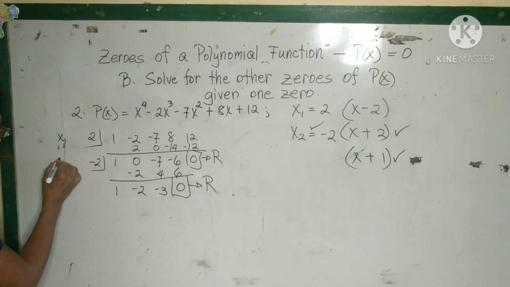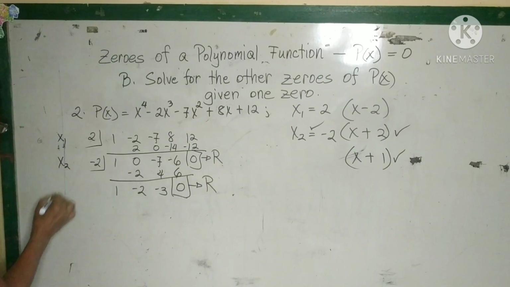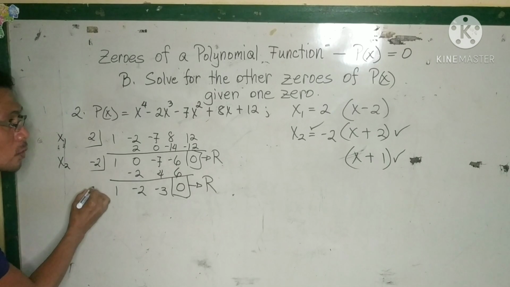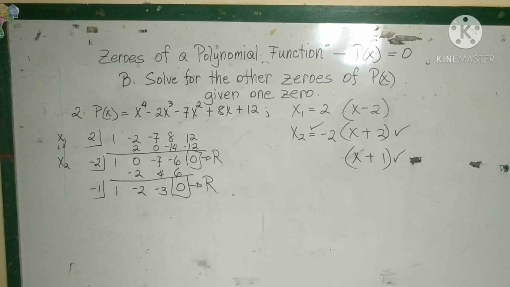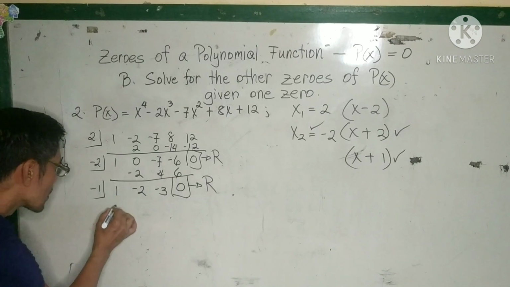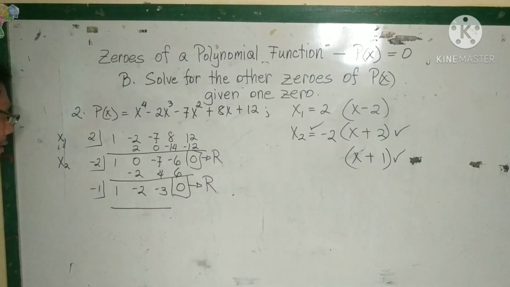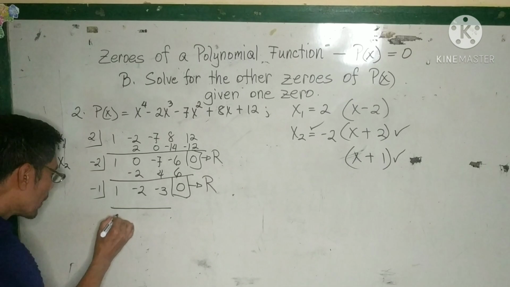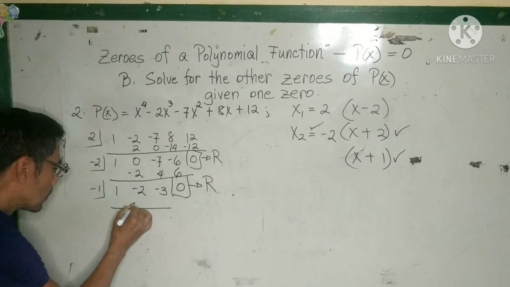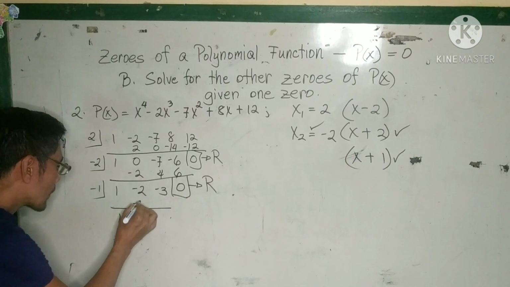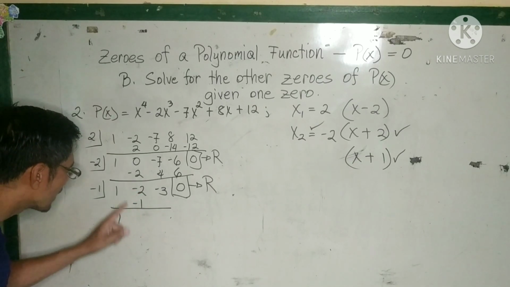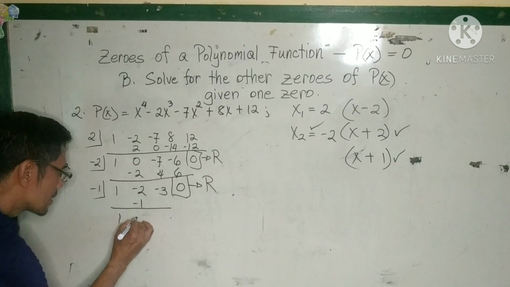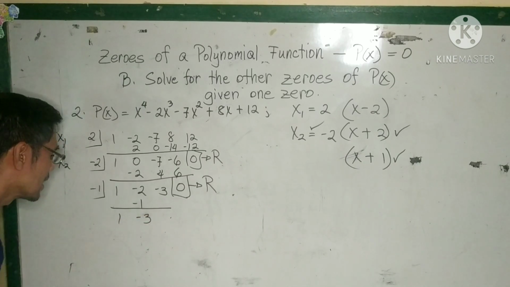So this is x sub 2. From x plus 1 we have negative 1. Okay. So using again your synthetic division, we have 1. 1 times negative 1, negative 1. Negative 2 plus negative 1 is negative 3.